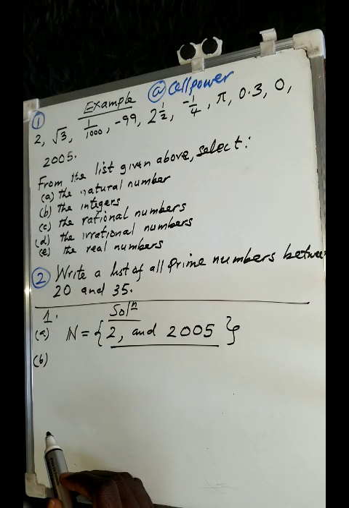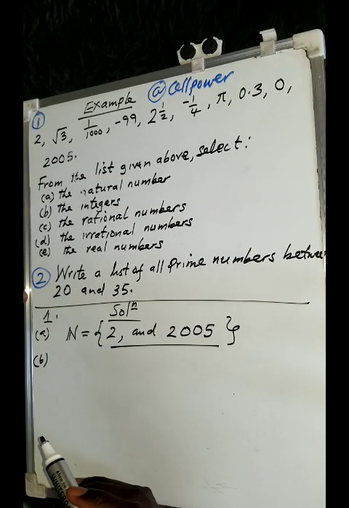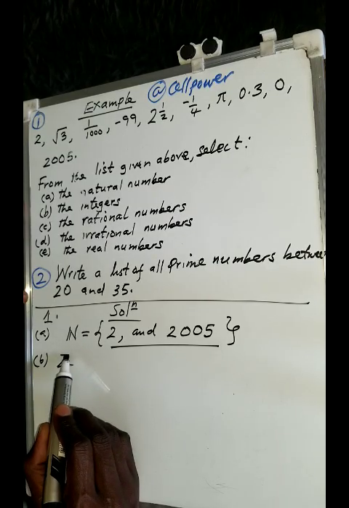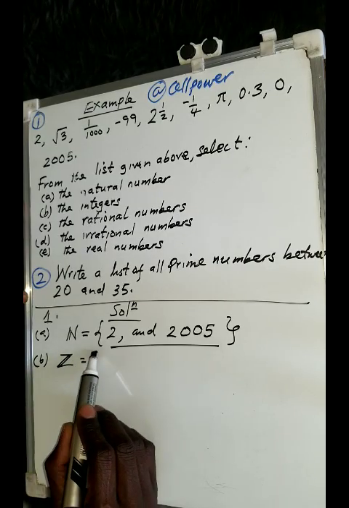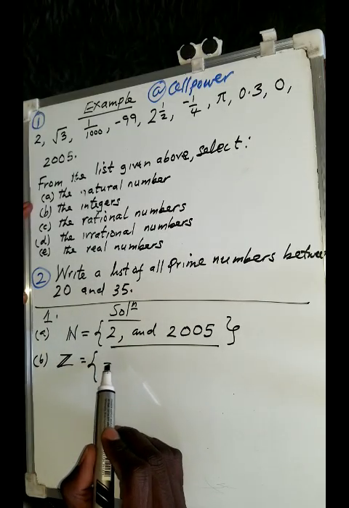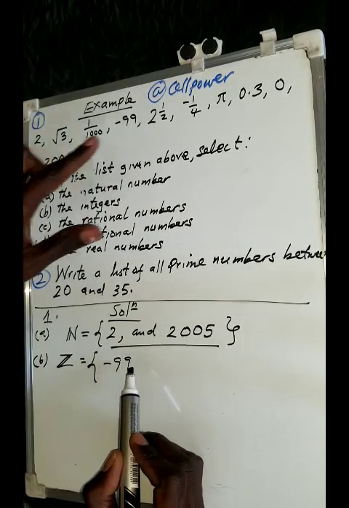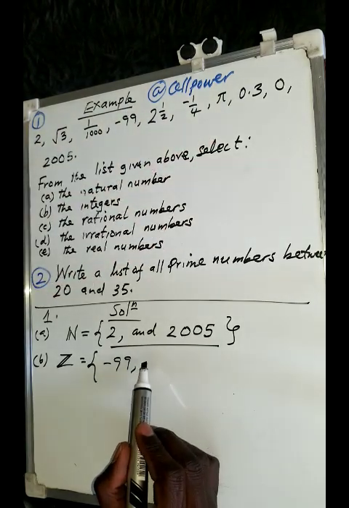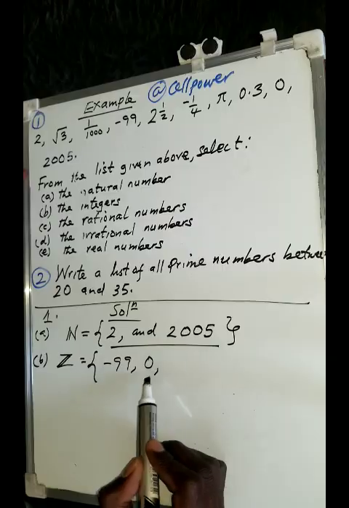Then the integers, which ones are integers? Integers, remember, are represented by a symbol that looks like a Z. If I was to list them, they include things like negative 99, that is an integer. We can also include a 0, it is an integer.